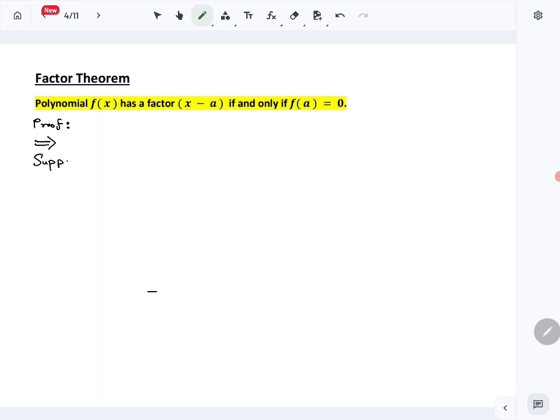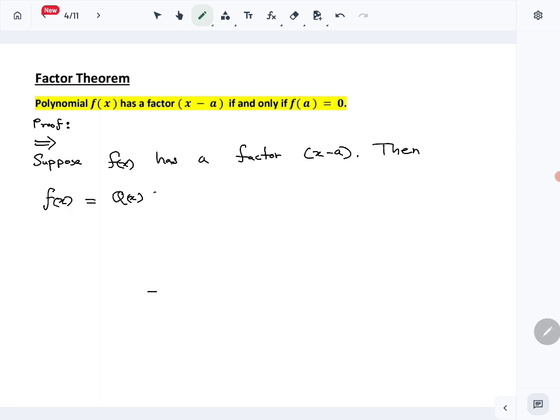Suppose f(x) has a factor x minus a. Then let's write down the division algorithm form. f(x) is equal to what?